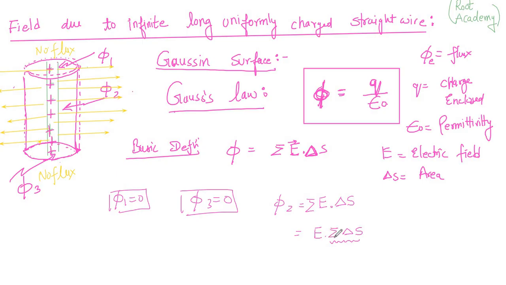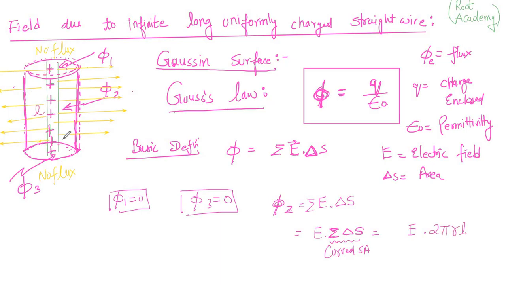Sigma means entire, and del S means the area over which we are finding the flux. We are not taking top or bottom; for phi 2, we are taking only all around the cylinder, the curved surface area. So it will be E into 2 pi RL.